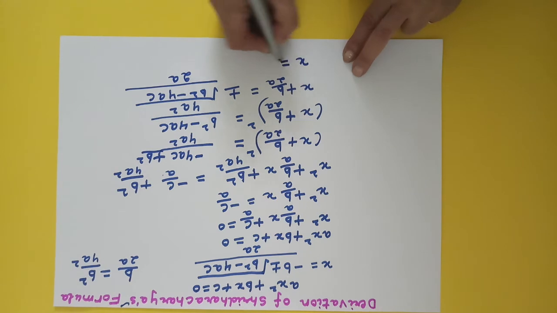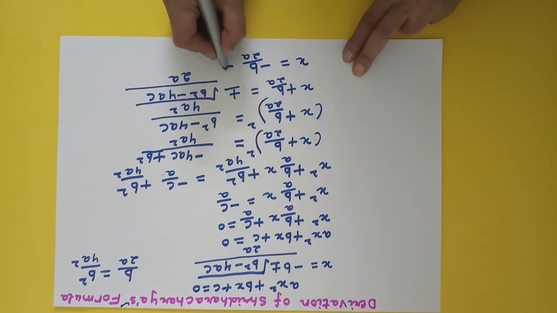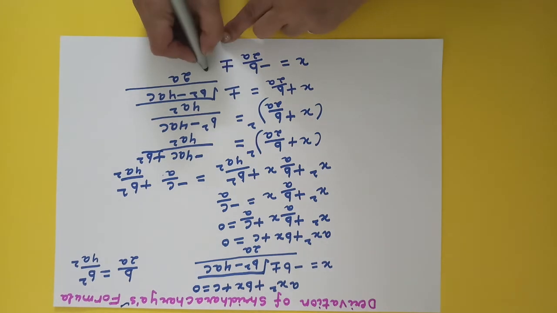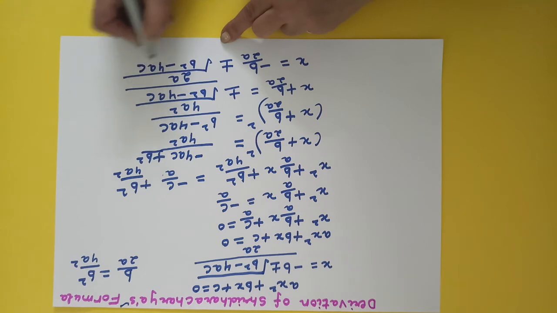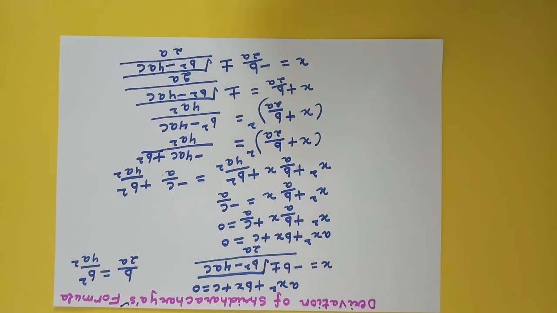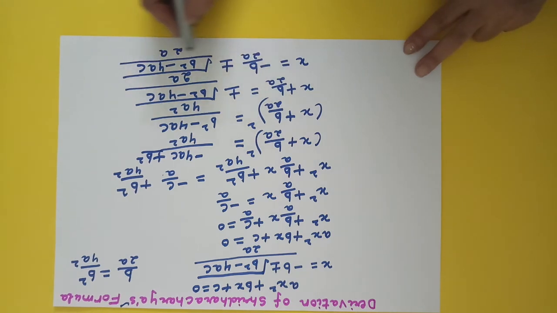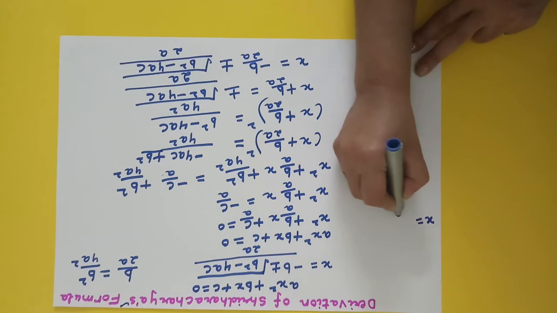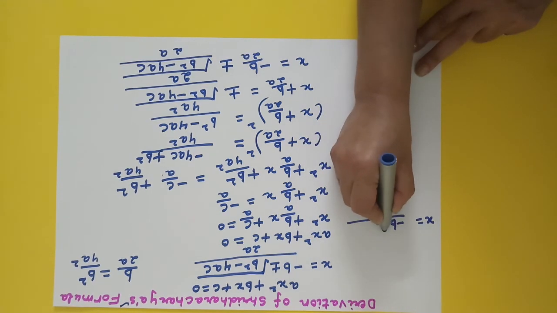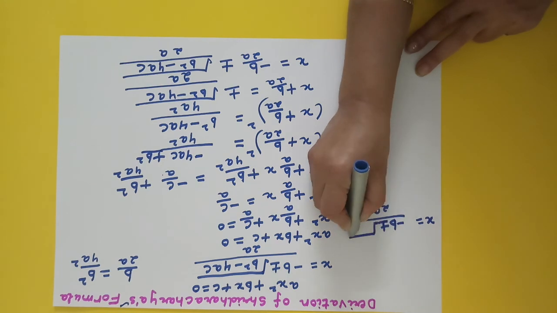I'll get x equal to minus b by 2a plus minus under root of b square minus 4ac divided by 2a. Right? So here again, taking 2a as LCM, what will I get as the value of x? Minus b plus minus under root of b square minus 4ac, divided by 2a.